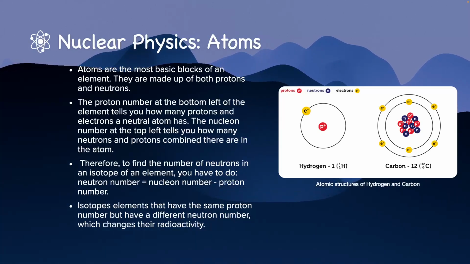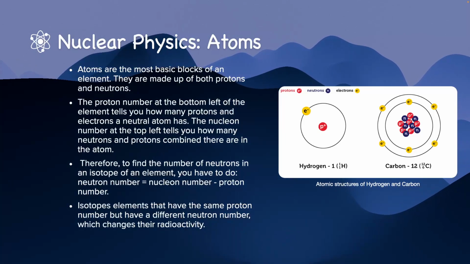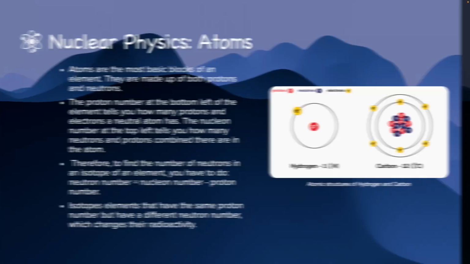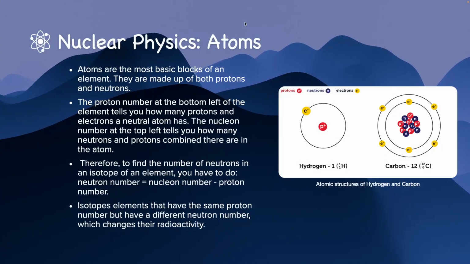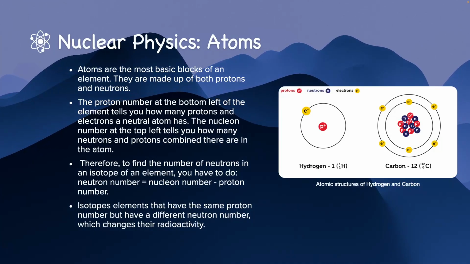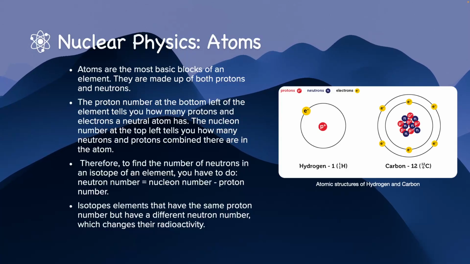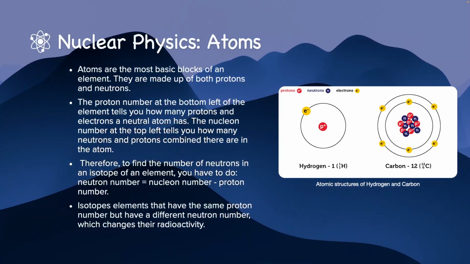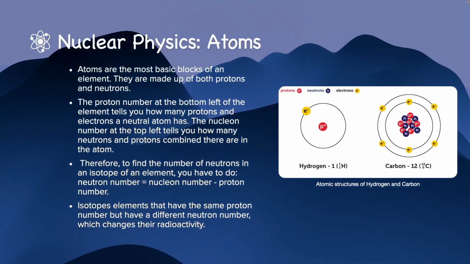So some of these isotopes get too unstable because they have too many neutrons and they're radioactive, meaning that they can decay. When an atom goes through decay, it releases either an alpha particle, a beta particle, or a gamma ray. And this is what you would normally call radiation.